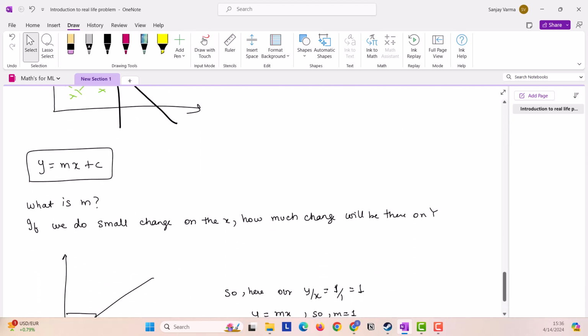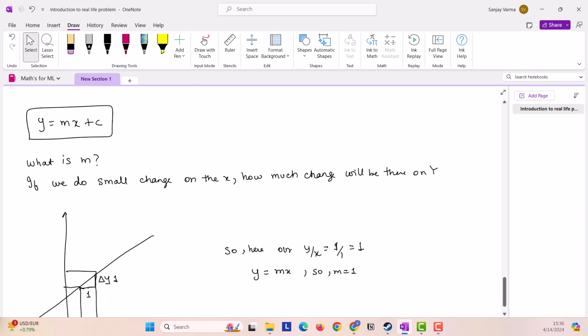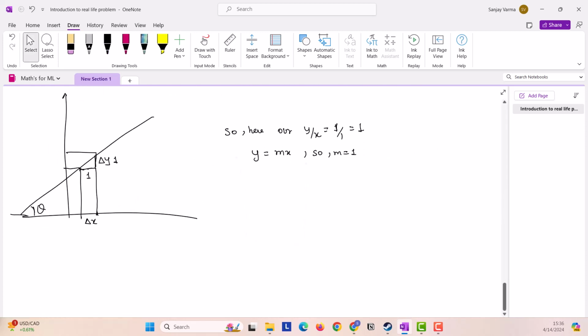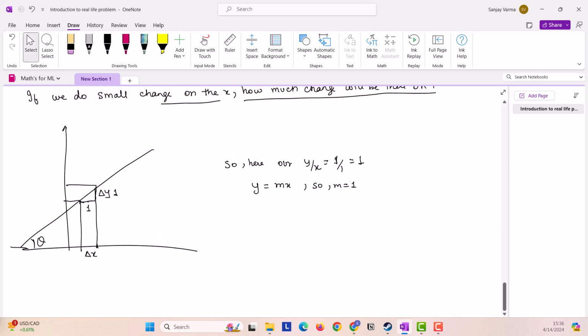So what do we mean by m? What do we mean by c? What is m? If you make a small change on x, how much change will there be on y? What does this mean? Let's say we went from this point to this point on the x-axis.